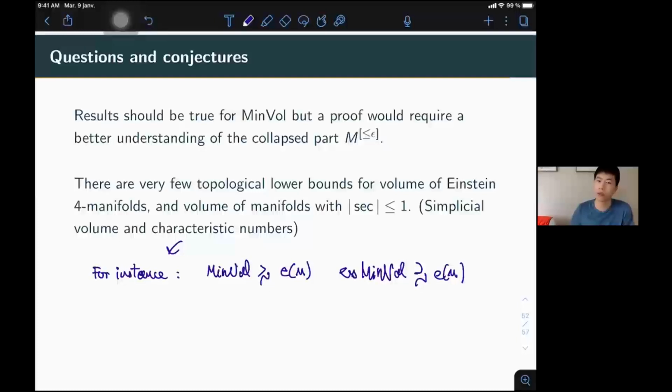And that's a very simple argument using the fact that your characteristic number, you can write it as an integral of a polynomial in the curvature. So that's simple. And the other obstruction is given by something like this.